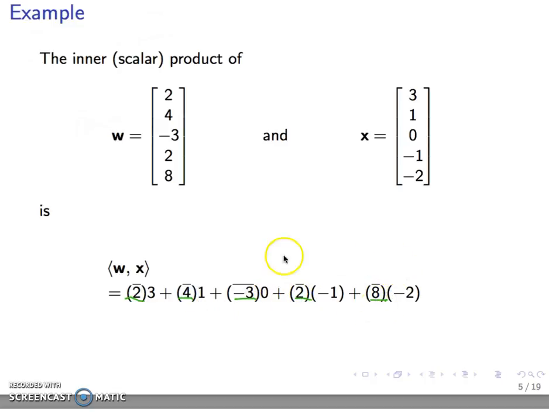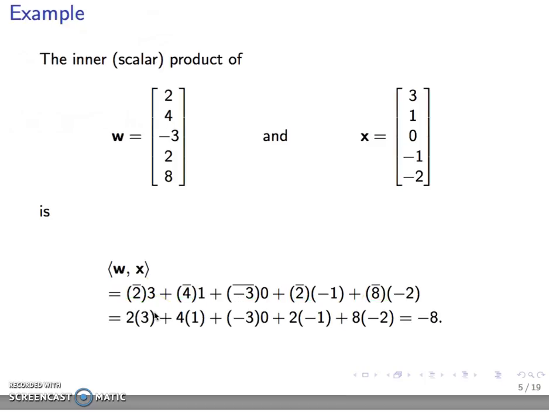They all have 0 imaginary part. Therefore, the calculation of complex conjugates is rather straightforward, and that also makes the calculation of the inner product much simpler than when the vectors have at least one entry with a non-zero imaginary part. So in this case, we would say that the inner product between w and x is equal to -8.